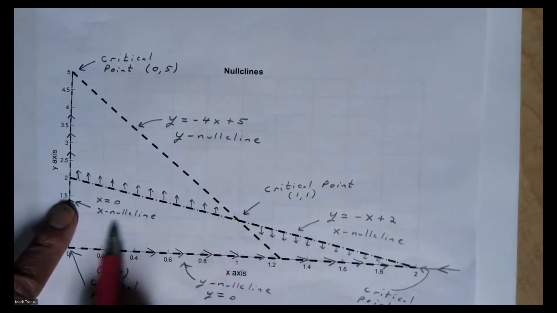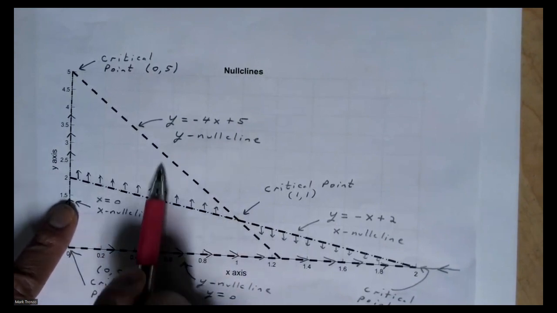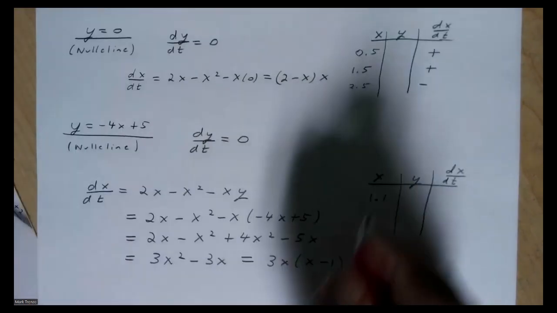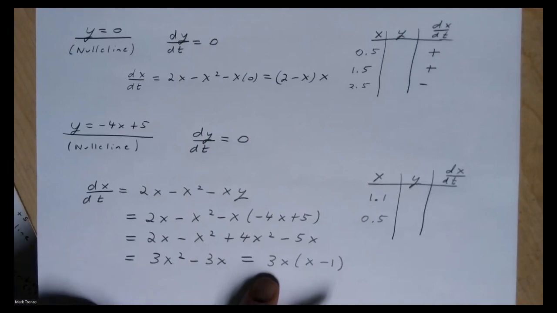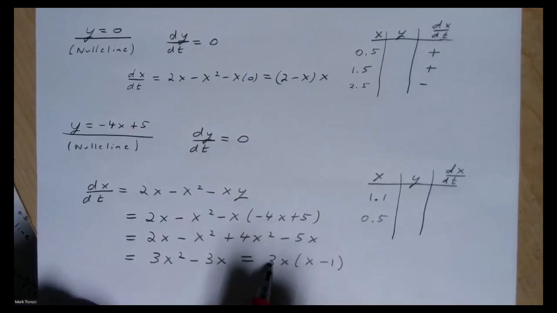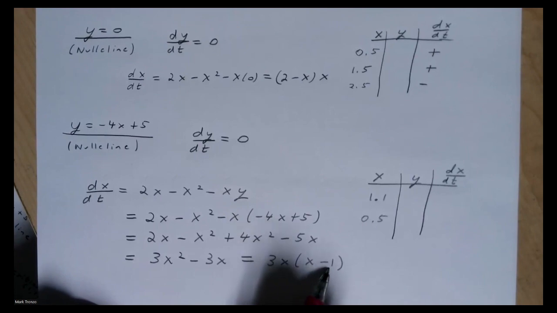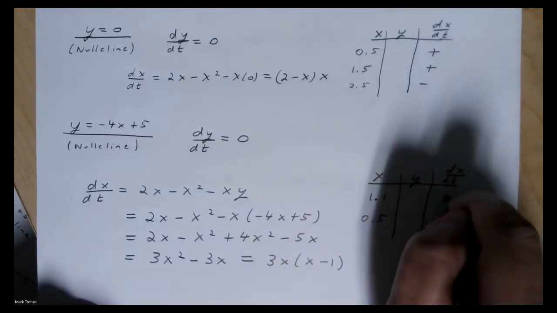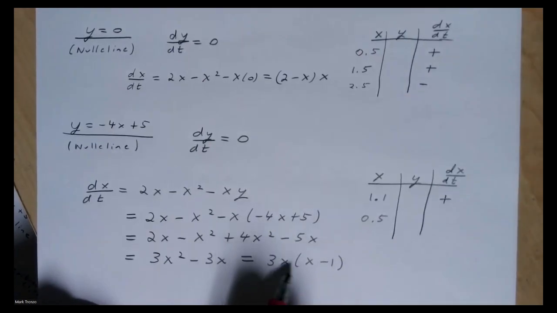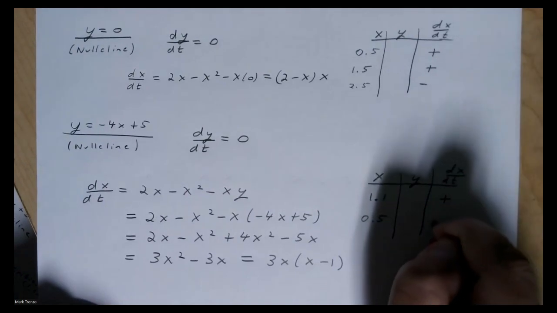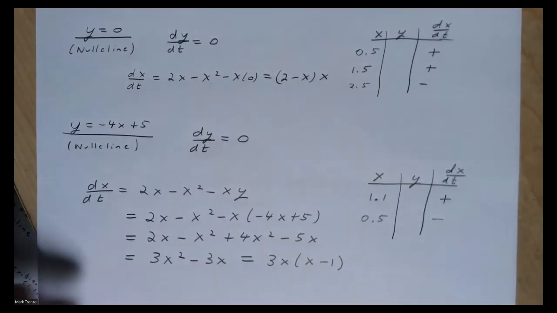We can pick almost anything we want along here. Let me pick maybe 0.5. And see what we get when we put 1.1 in here. This is going to be positive. 1.1 minus 1, that's going to be positive. That's all positive, so that's going to be positive. And then we put 0.5, that's positive. Now 0.5 minus 1 is negative, so that's going to be negative like this.